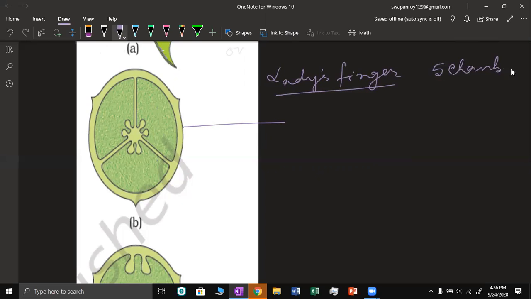The placental tissue is developed at the axial part, at the center, by which the ovary is divided into different chambers. At the central axis there is the placental tissue, and to this the ovules are attached. This is known as axile placentation.